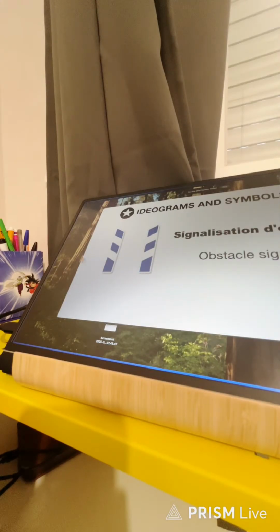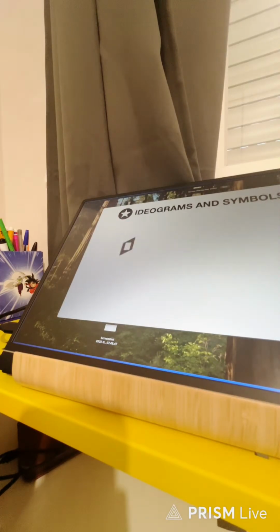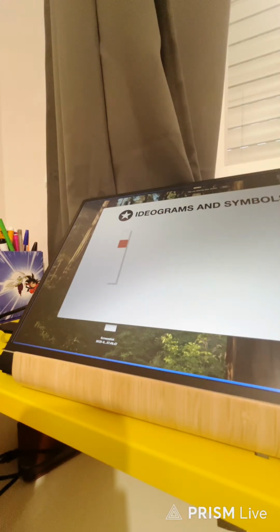It can be any type of obstacle, but just know that this one is obstacle, while this one is virage. This one is demarcator. This one is intersection. This one is virage as well, while this one is also intersection balise. So these are all the balise that we have on the road.